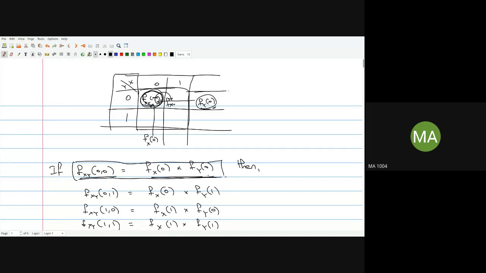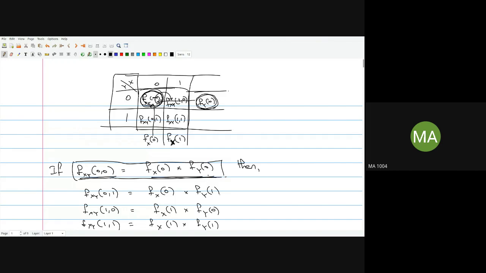So this is Fxy of 1, 0. This is Fxy of 0, 1. This is Fxy of 1, 1. So Fy of 0 is as follows. I have to prove Fxy of 1, 0 is Fy of 0 times Fx of 1.